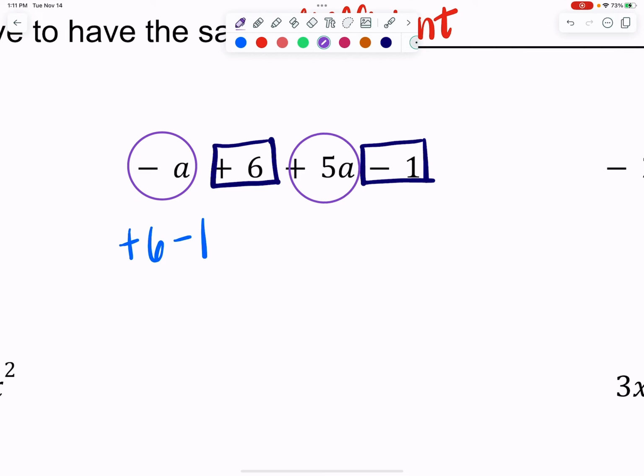I'm going to see if I can put them together. Well, they both have an A. So that's good news. And I can't see it, but this A has an exponent of 1. This A has an exponent of 1. That's even better news because the exponents match. Variables match, exponents match. I need to combine those.